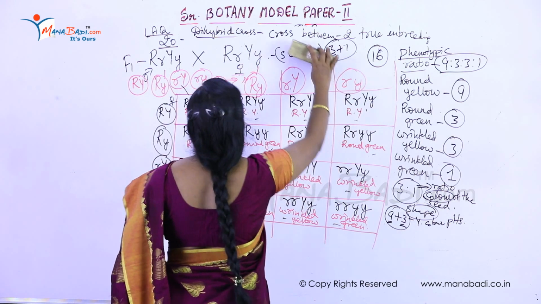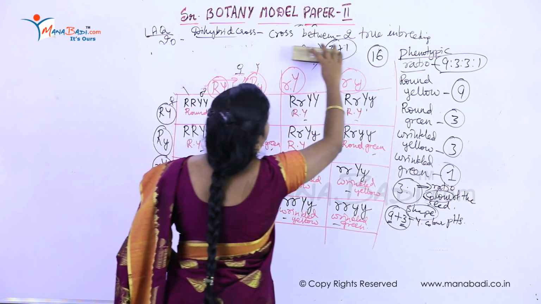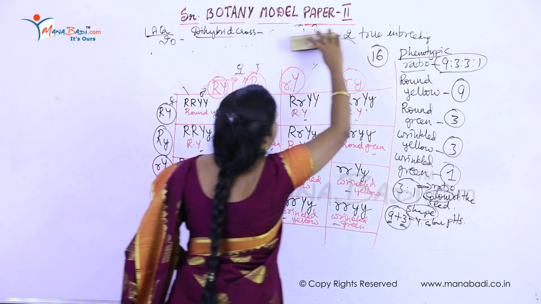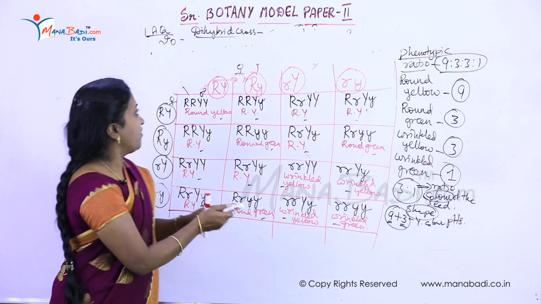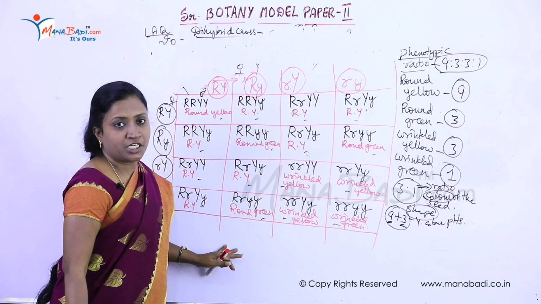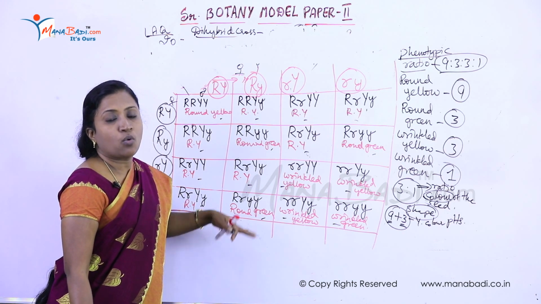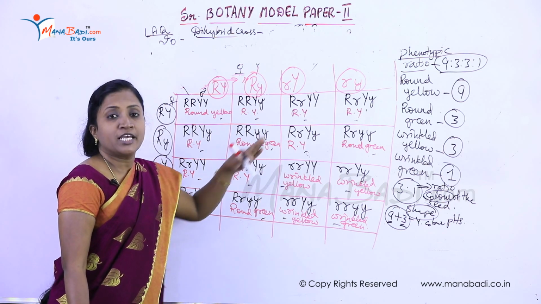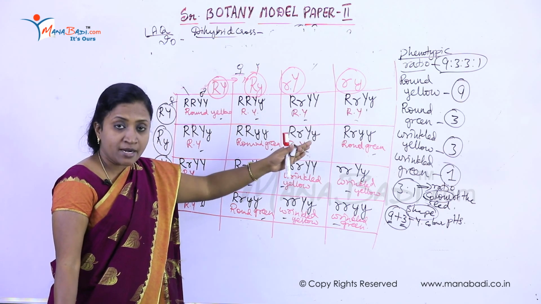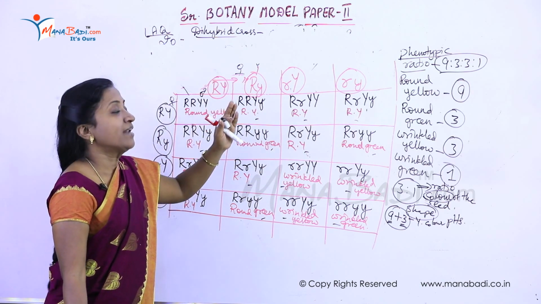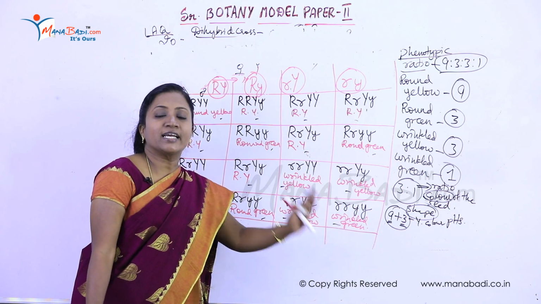So we can summarize as I have already discussed. The F2 generation shows 16 offspring. Out of 16 offspring, what are the phenotypic as well as the genotypic ratios? The phenotypic ratio discussed here is 9:3:3:1, wherein 9 plants are round yellow, 3 are round green, 3 are wrinkled yellow and 1 is a wrinkled green plant.